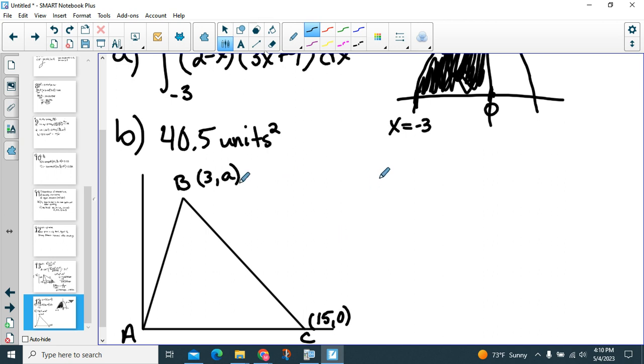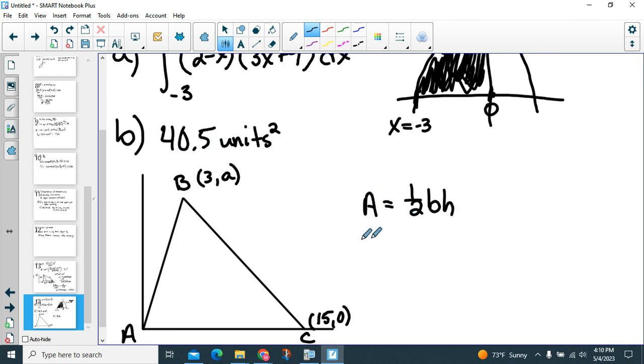Then it says find the value of a, the y-coordinate of B, such that the area of the triangle is twice the area of region R. So I know the area of a triangle is 1/2 base times height. They just told us that the area has to be twice this area.